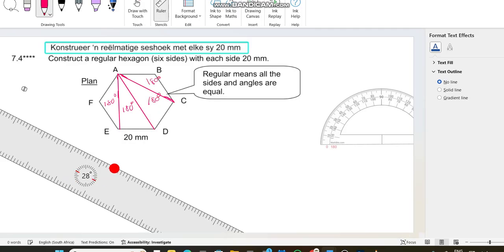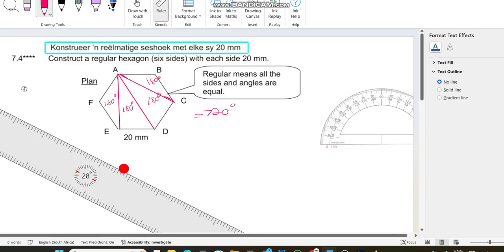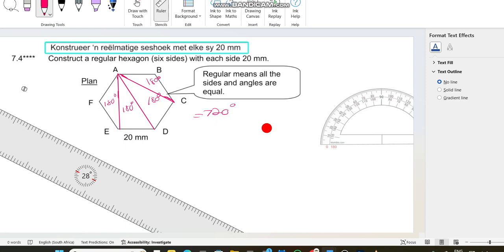So if you take that, it means together it will give you 720 degrees. So in order for you to get each angle, you have to divide that now with the sides, right? There's 6 sides. So divided by 6, it's going to give you 120-degree angles.